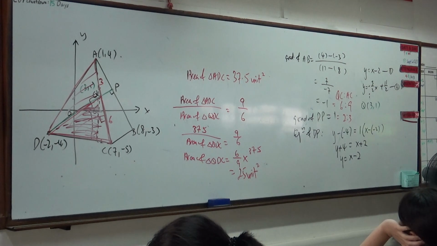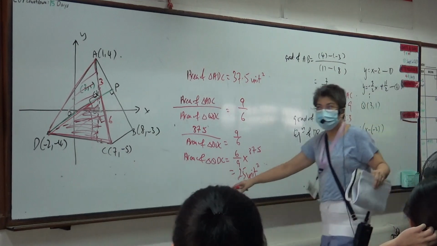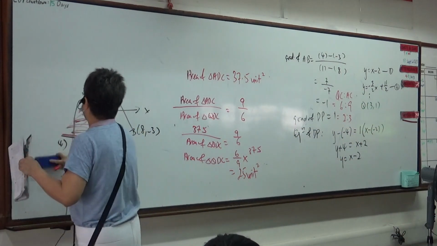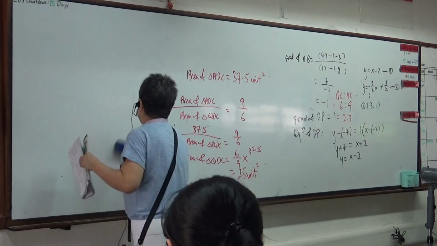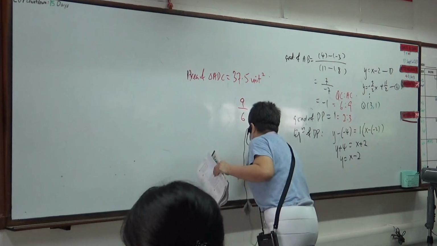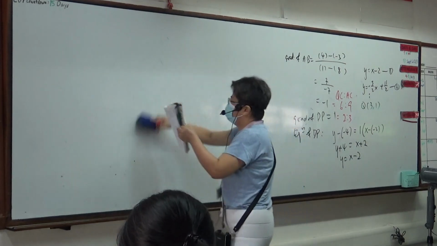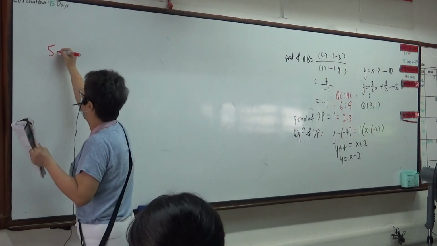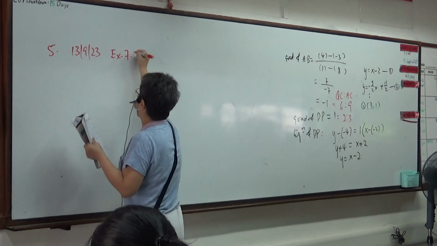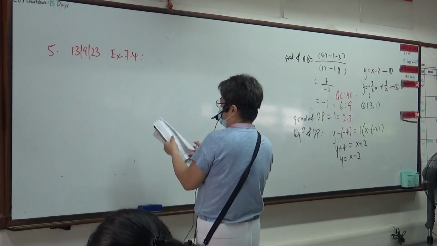Okay, now, what number is it on the content page? Now, is it number 6? Now I write what? 4 or 5? 5, okay. Can you write down number 5? Today's date, exercise 7.4.